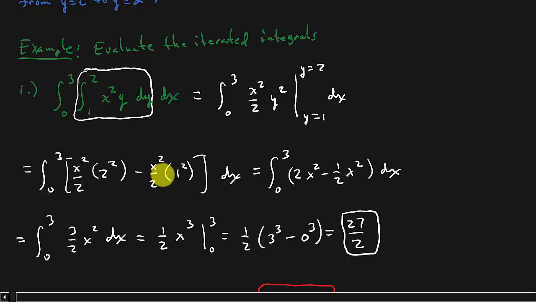When I evaluated, I just went ahead and wrote the x squared over 2 with both of them. I didn't write x squared over 2 and then 2 squared minus 1 squared. I could have done that also, but I'm just showing you the difference. It's just a little bit easier to do this rather than this.